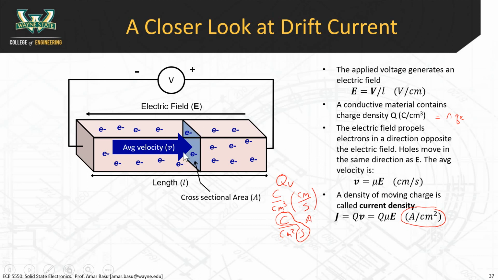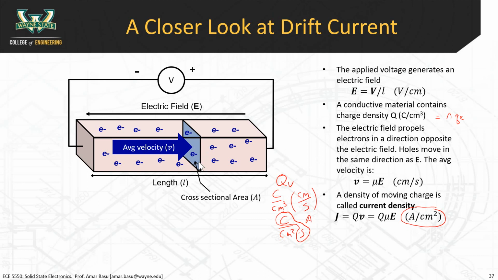So think of this as a finish line, okay? And there's a judge sitting at the finish line, and that judge is basically counting how many electrons pass by the finish line per second, right? That's one way to think about current.